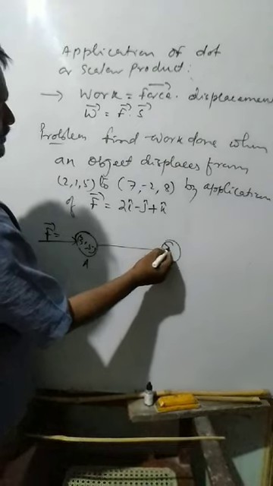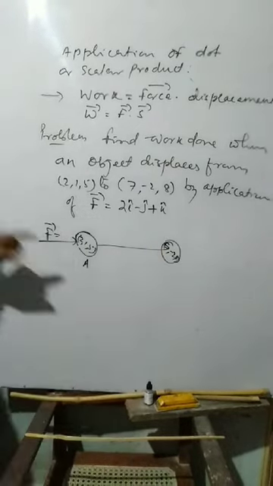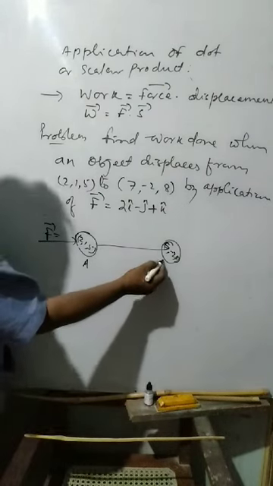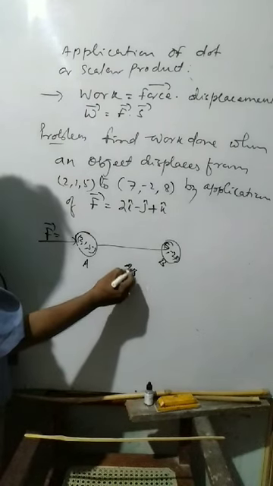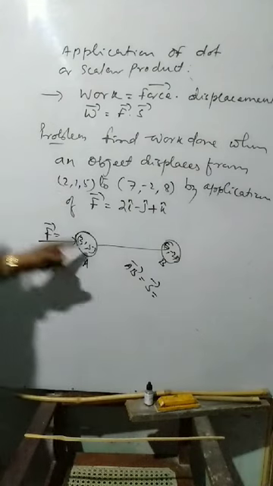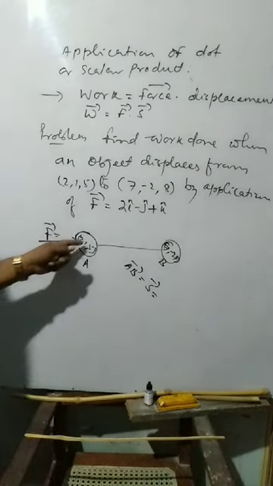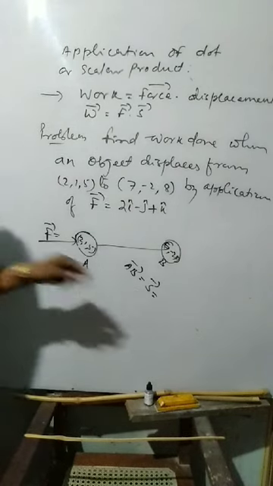It displaces to (7, -2, 8). So this is the initial point A and this is the terminating point B. AB vector means this is the displacement vector, from A to B. So AB vector equals S vector.